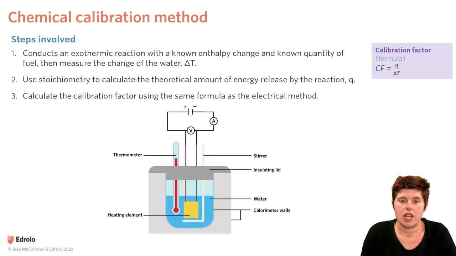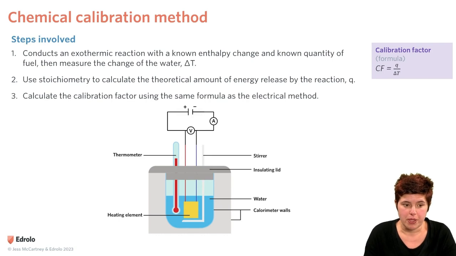The second way to calculate the calibration factor is using a chemical reaction with a known energy. This would be a fuel with a very well known enthalpy that's very consistent, doesn't break down, and doesn't react with other things.